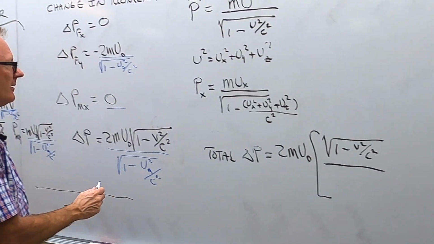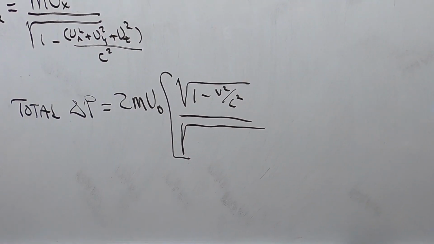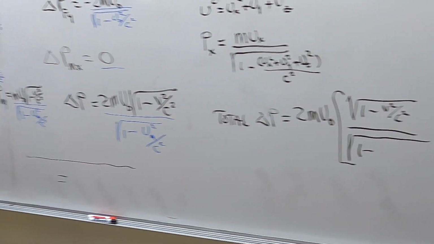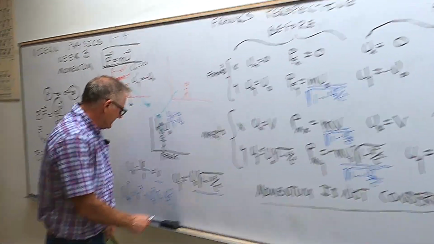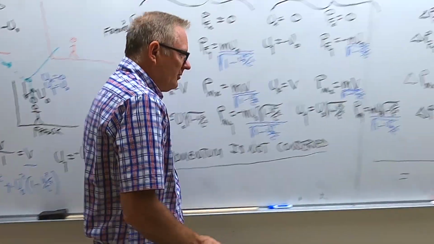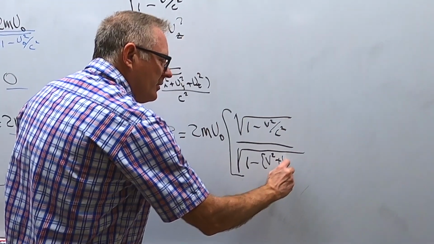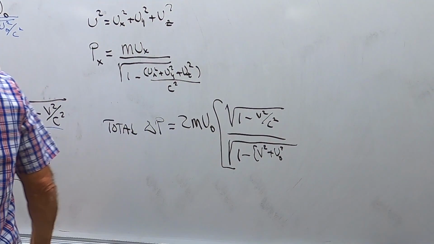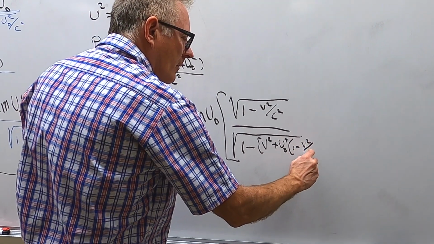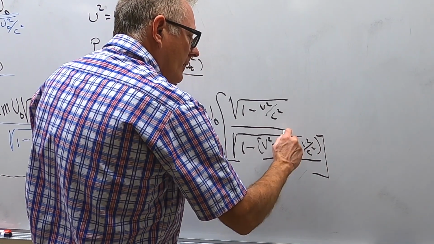And we get down below the square root of 1 minus u Mary squared. I think I'll plug in my u Mary squared, which was this: v squared plus u naught squared, times 1 minus v squared over c squared, divided by c squared.